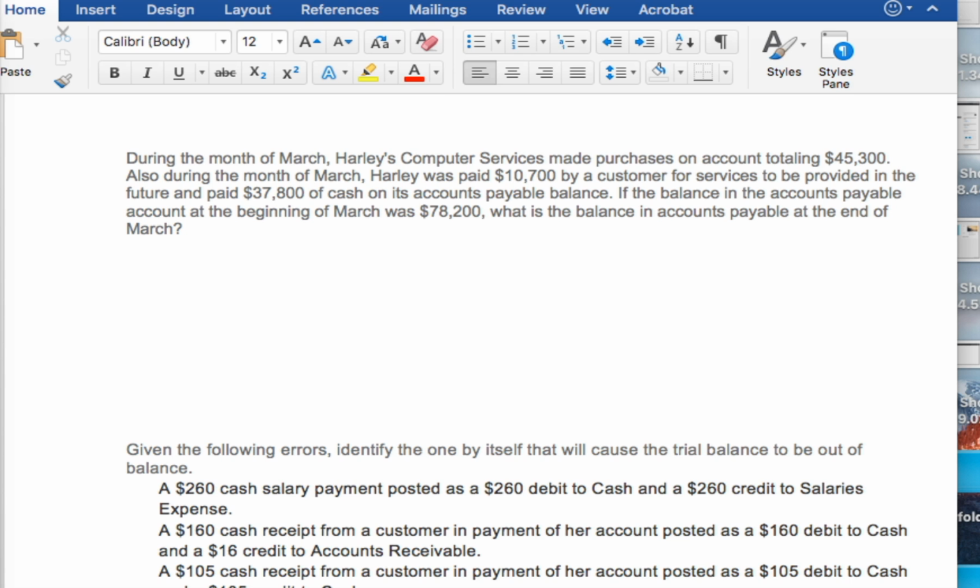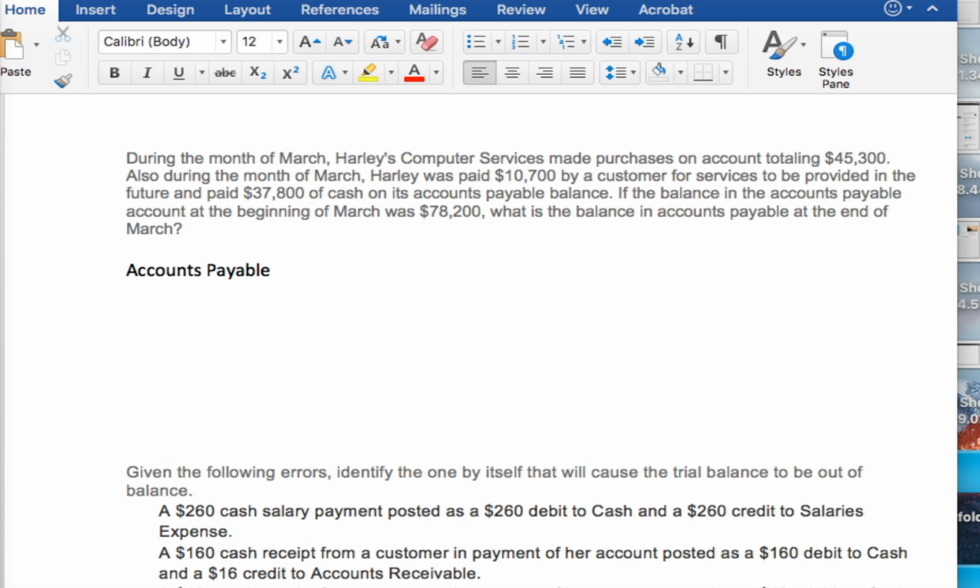Okay, so we're told accounts payable, leave it there, beginning balance was $78,200. That's on the credit side there. And then we just want to look at each of these transactions that happen and see if those in fact touched the accounts payable account. If they did, we'll just throw them into this T chart.